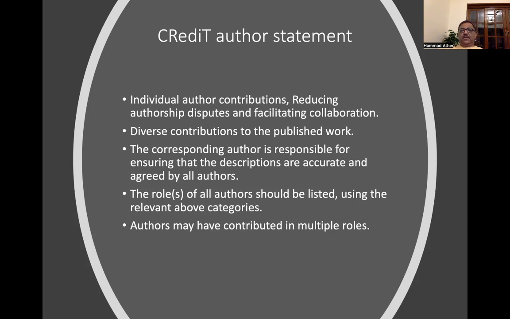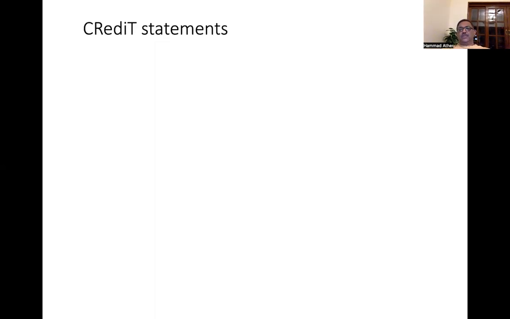As I've said, some journals want you to actually list what you have done in the relevant categories. Some authors may have contributed in all or most of the areas. Some may have contributed in certain key areas, and that's how you determine the authorship sequence.